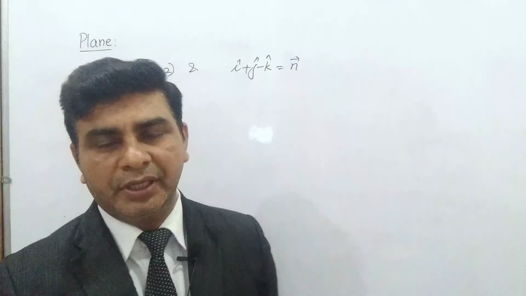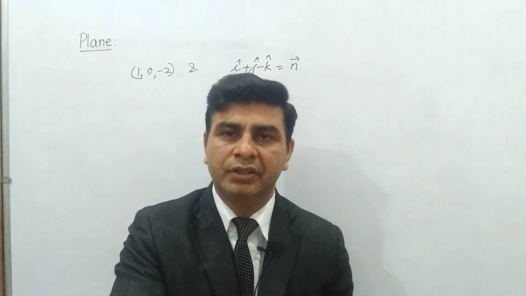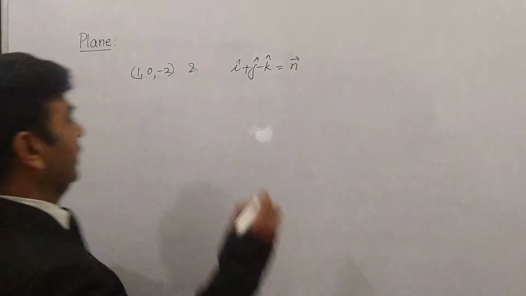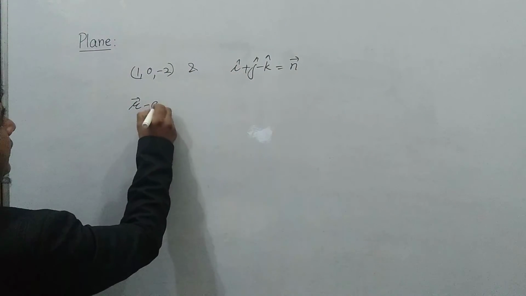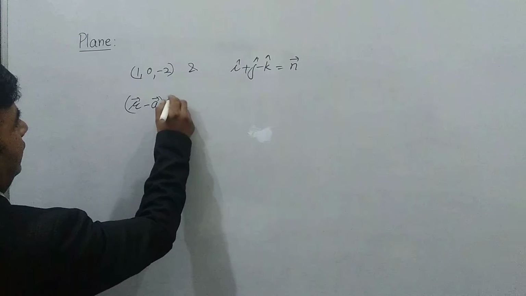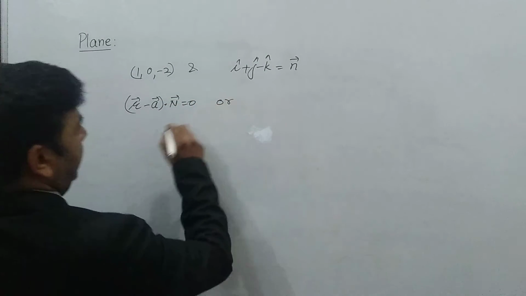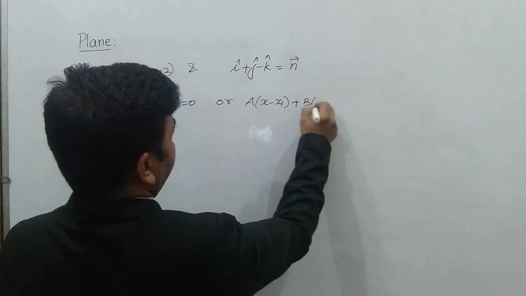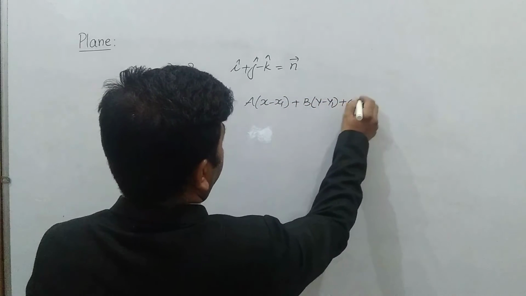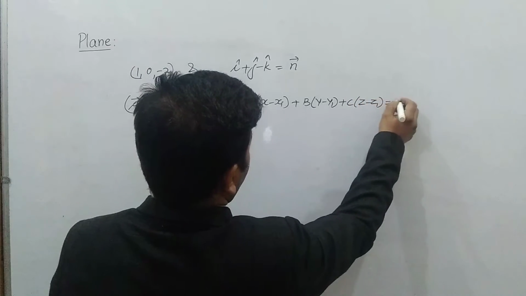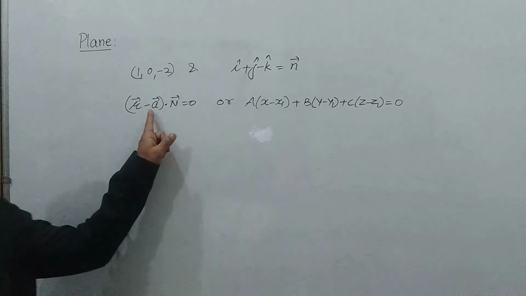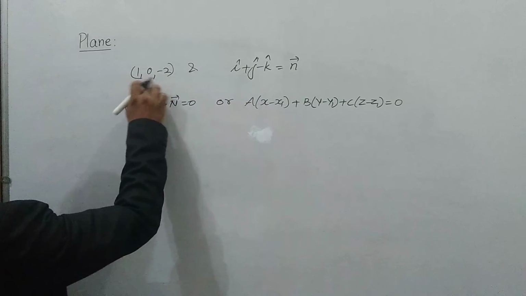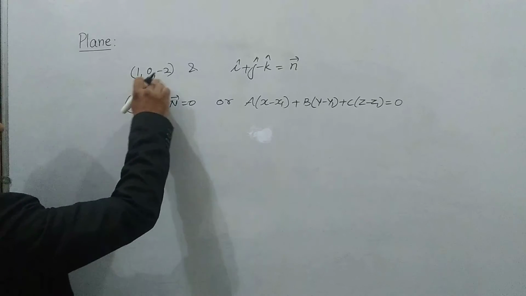And see, we know that if any plane passes through a point and a normal vector is given, in that case the equation of the plane is given by (vector r - vector a) dot vector n = 0. In Cartesian form it can be written as a(x - x1) + b(y - y1) + c(z - z1) = 0, where vector a is the position vector of the point through which the plane is passing, represented by i cap + 0 j cap - 2k cap.